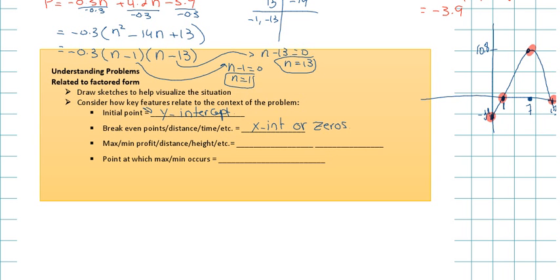They're not asking you for the vertex, they're asking how much profit you made. In this case, it's $10,800. They don't care about the 7,000.